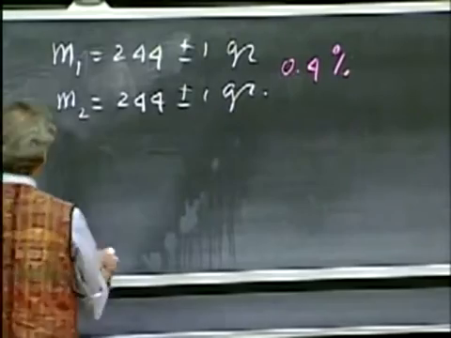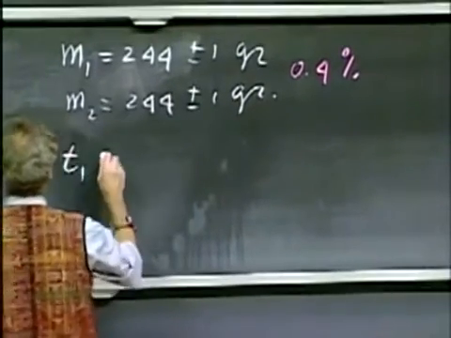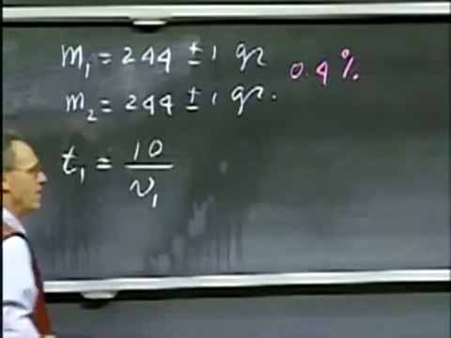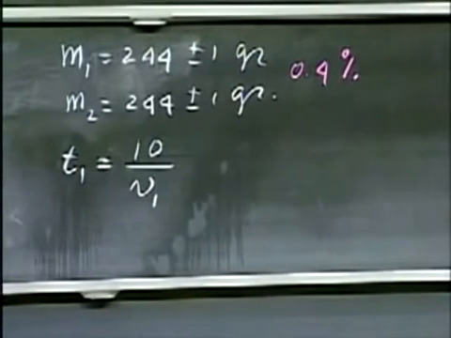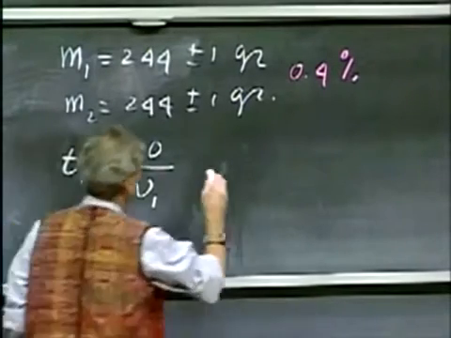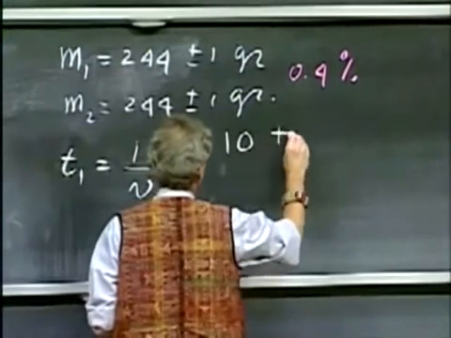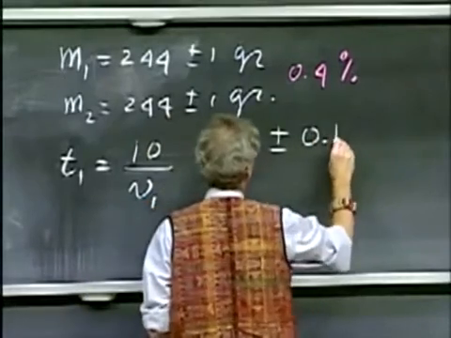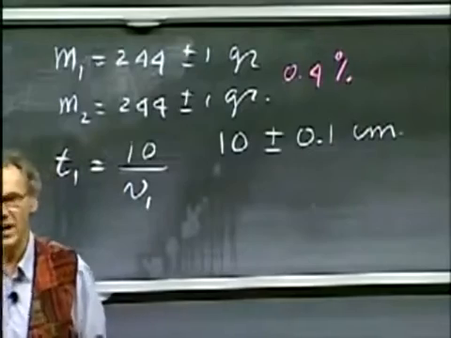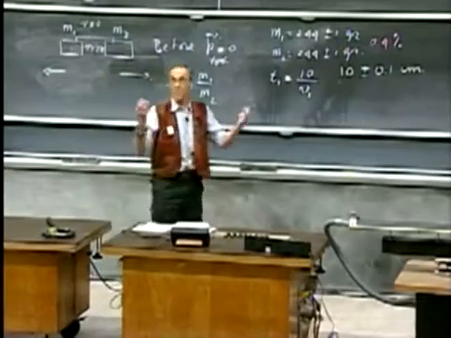The time that it takes for object number 1 to go 10 centimeters is obviously 10 divided by v1, which is the velocity that we want to compare them with. Now, the 10 centimeters is really only known to an accuracy of about 1 millimeter. So that is an uncertainty of 1% in my timing, in my velocity.